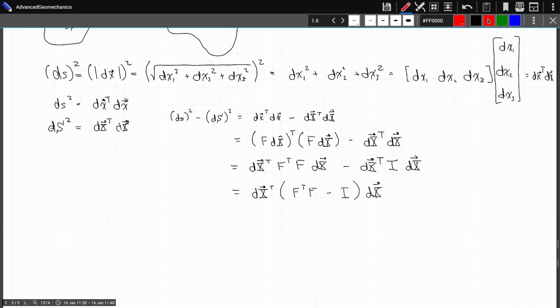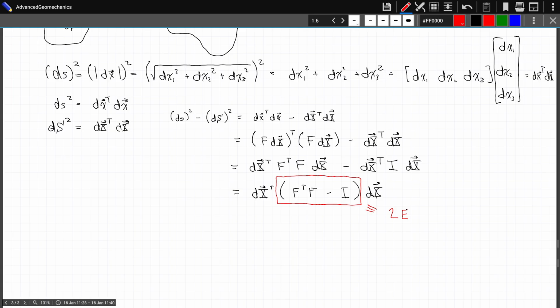And what we are going to do is call this thing, by definition, 2 times E. And the 2 will be made clear later why that is.